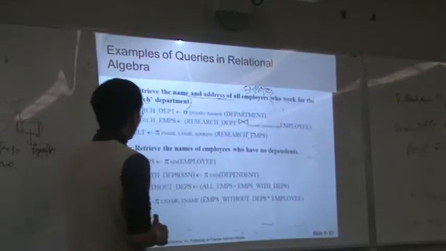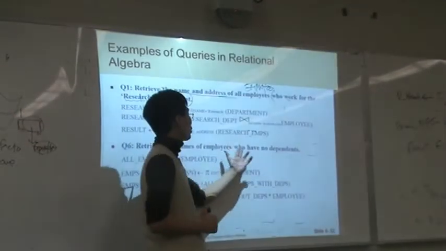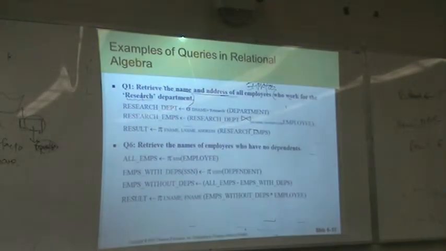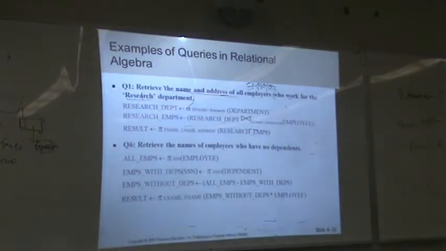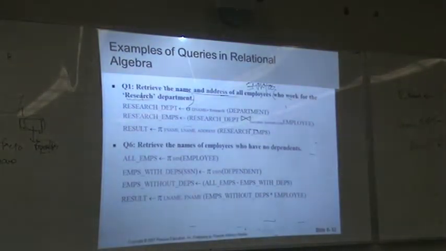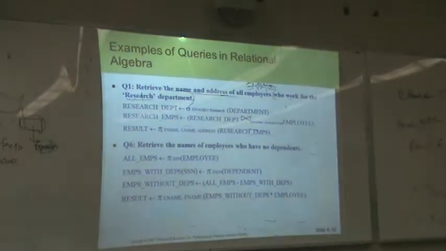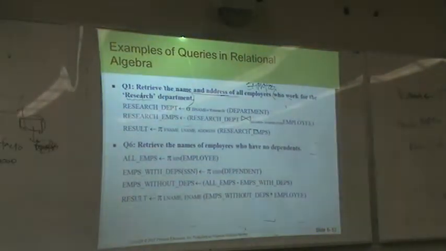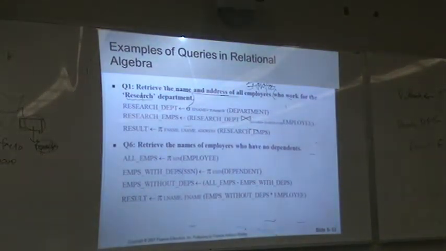Next, retrieve the names of employees who have no dependent. What does that mean? First, you need to understand your query, right? If you do not understand what the query asks, you cannot make the relational algebra expression. That means you cannot make the SQL later.